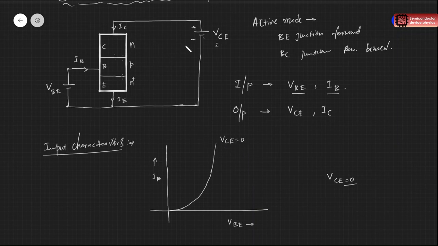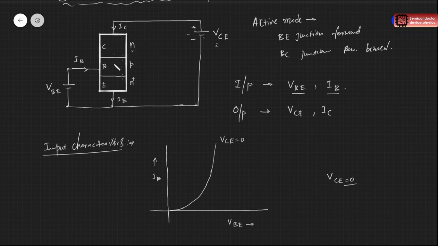Now what happens if we increase this VC? This is the N-type collector, so slowly the collector side will get a more positive voltage than the base, right? This voltage is kind of relative, because we are not applying VC directly between base and collector, but between emitter and collector.